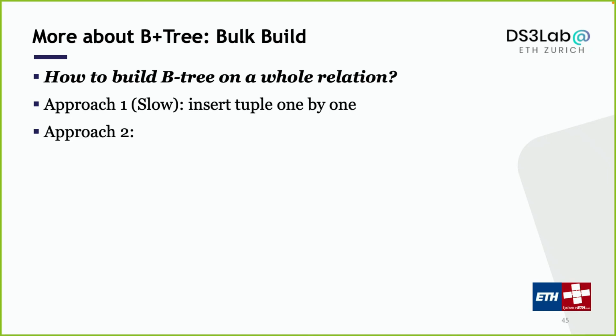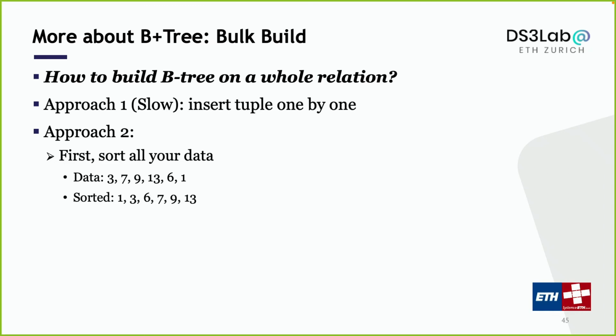There's a much faster way of building a B+ tree if you have your data ready. Essentially, you sort your data. For example, you have these six different tuples. You sort them, and then you construct the tree in a bottom-up way.